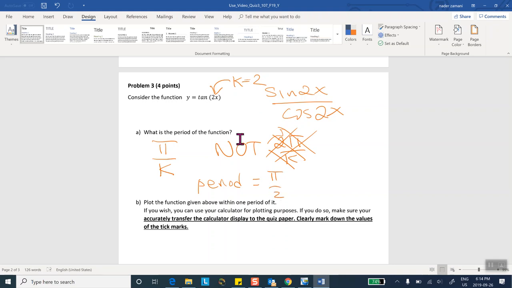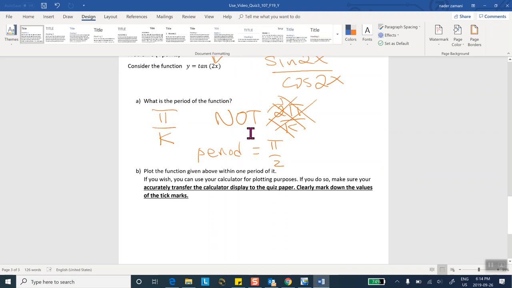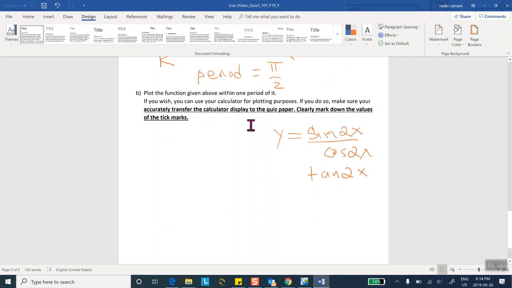Okay, so now let me write here, y equal to sine of 2x over cos 2x, or simply tangent of 2x, no problem. Okay, good. So in the book, remember, we agreed that for cosmetic reasons, the book draws this between negative half the period and positive half the period.